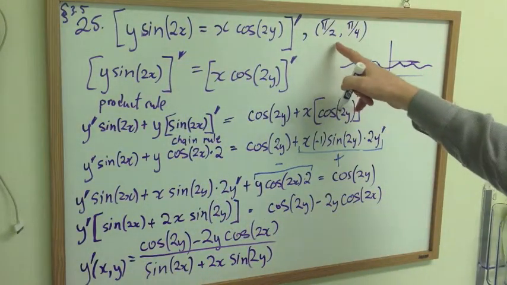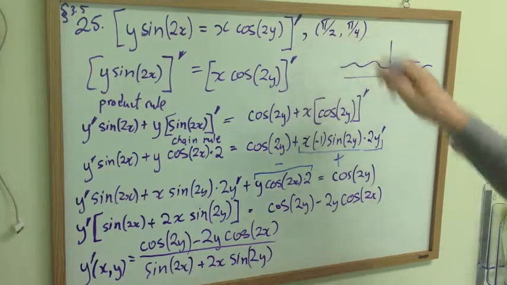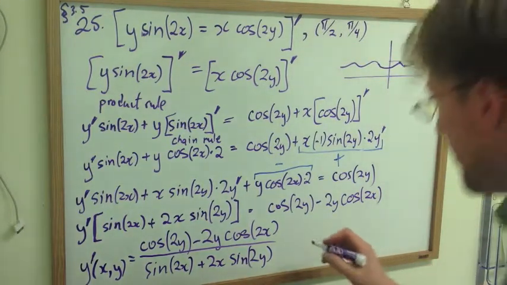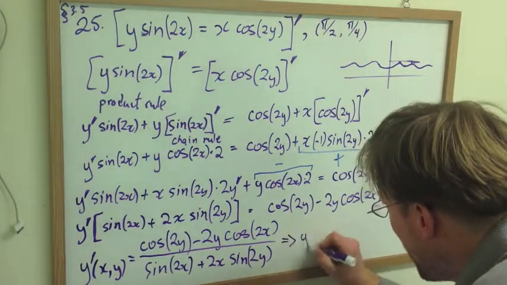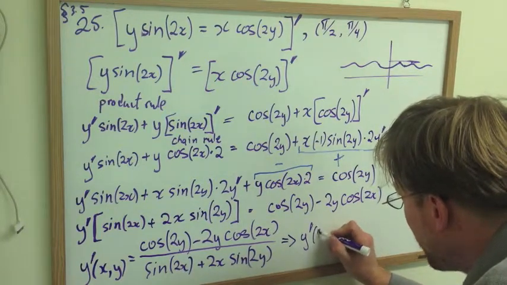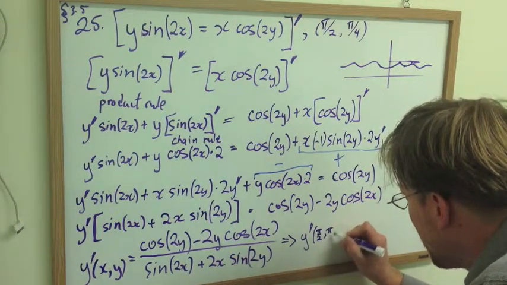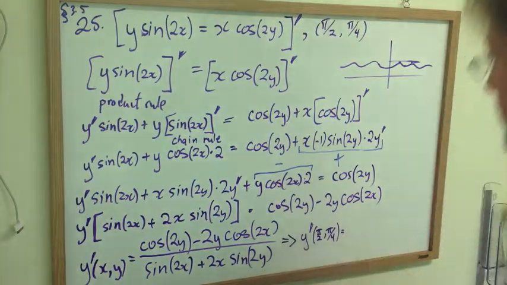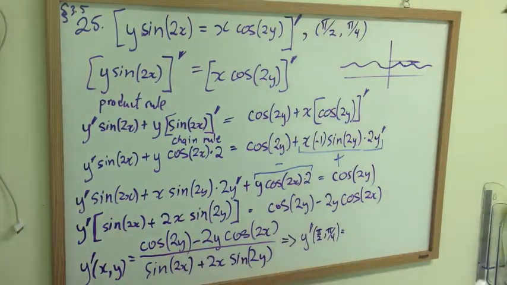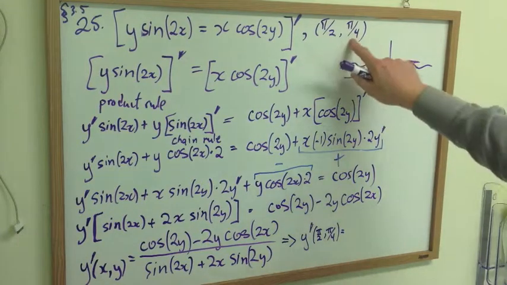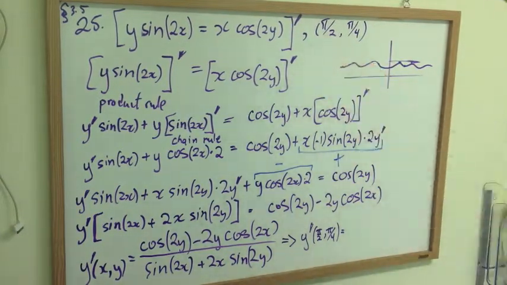And here, the x and y they gave me is pi over 2, pi over 4. So I can say that y prime at pi over 2, pi over 4 is equal to, substituting everywhere there's y, substitute pi over 4, and everywhere there's x, substitute pi over 2.